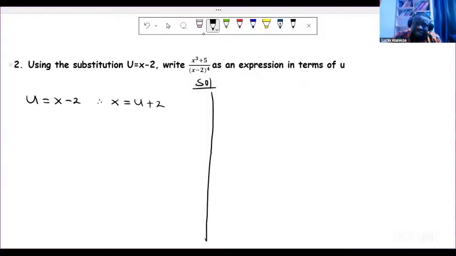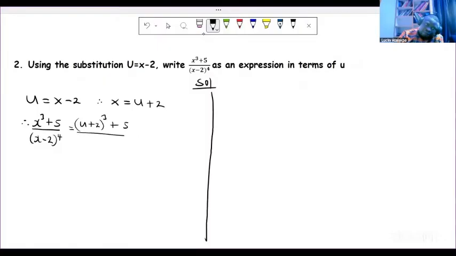So everywhere I see x, I'm going to put it as u plus 2. Then everywhere I see x minus 2, I'm going to put it as u. So therefore, x to the power of 3 over x minus 2 to the power of 4: x is now u plus 2, cubed, then plus 5.